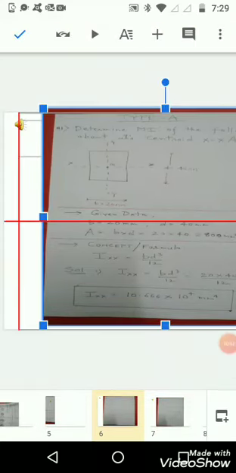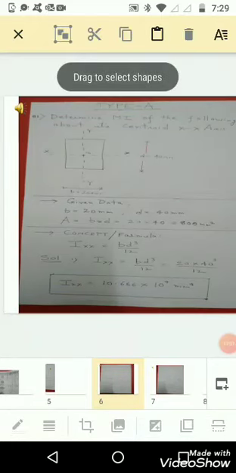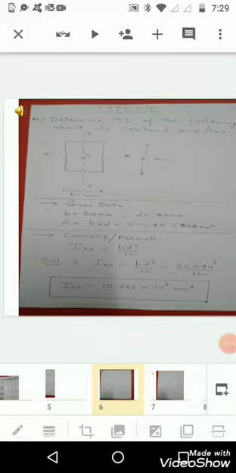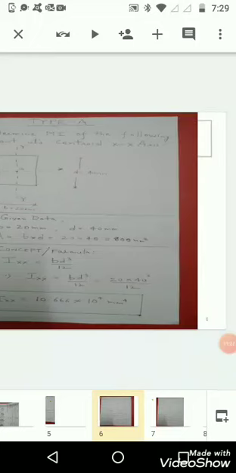So B is 20, D is 40, so 20 into 40 cube divided by 12, and you get the answer Ixx is equal to 10.666 into 10 raised to 4. I hope it is clear. Simple rectangular section, you have to find Ixx. The formula is given, you just have to substitute the values. Next slide.